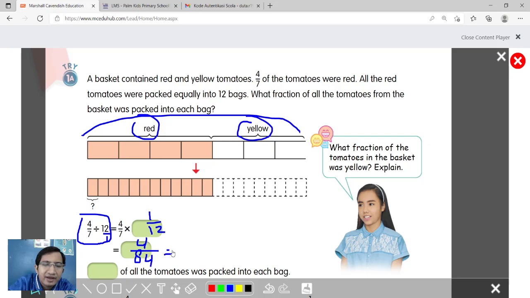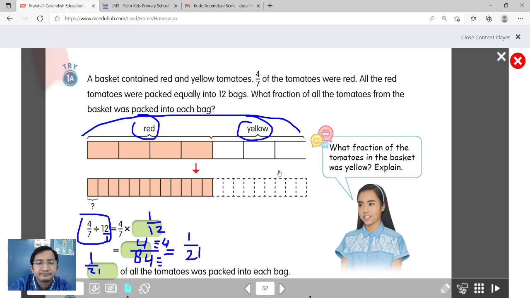We can simplify this by dividing both of the numbers by 4, class. So it is equals to 1 per 21. Okay, so there will be 1 per 21 of all the tomatoes packed into each bag.